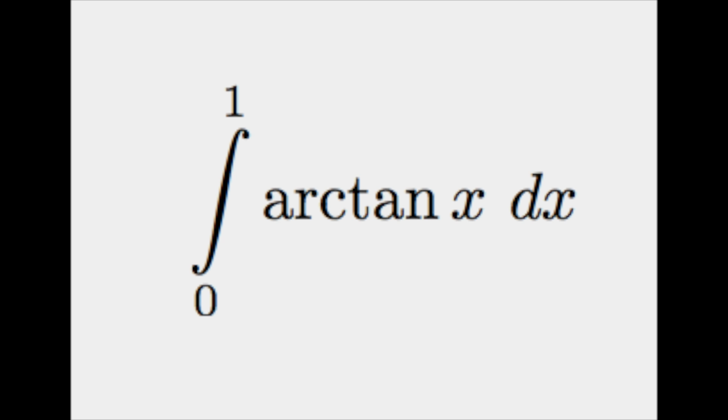In particular, u equal to arctangent of x is a fabulous choice because the derivative of arctangent x is easy. Now, less clear is what your dv is, but much like last time, dv equal 1 dx is just fine. Okay, so let's jump into it.